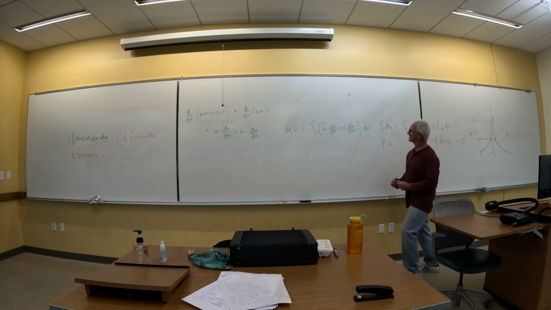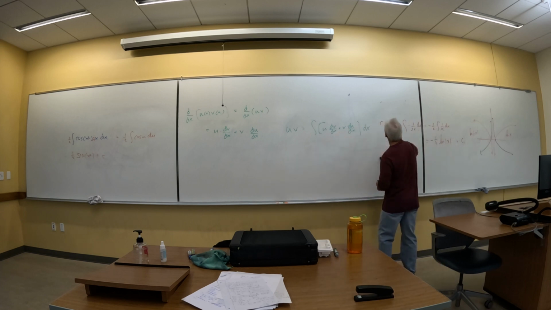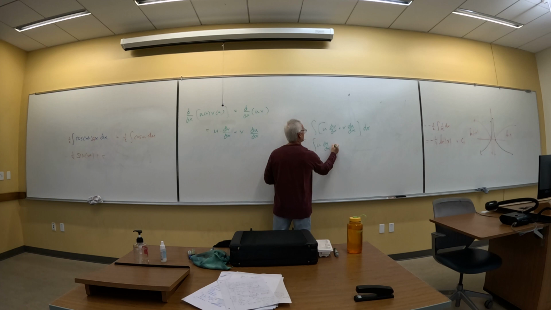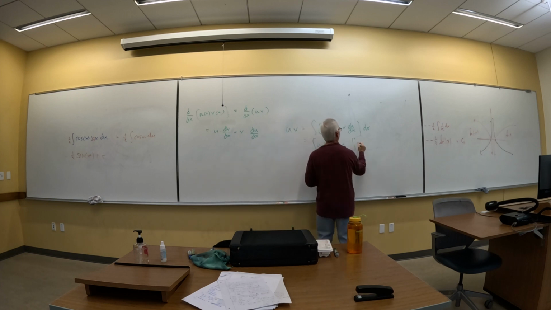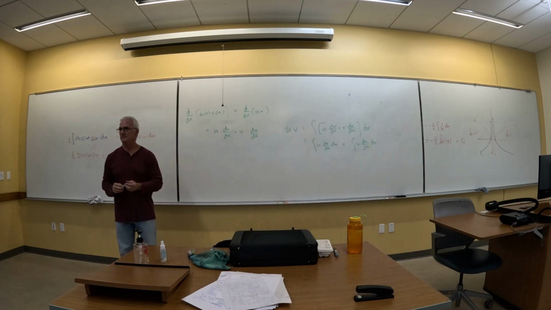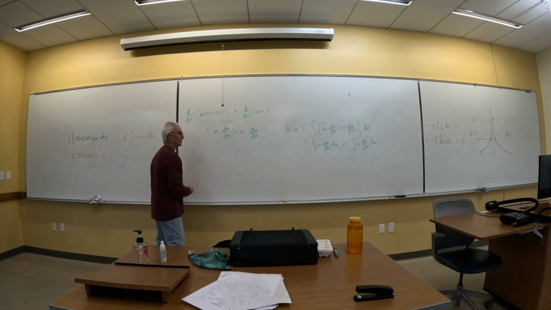Look at the notation. Well, first thing is, isn't the integral of a sum the sum of the integrals? Is this a true statement mathematically? I'm not trying to trick you. I have the integral of a sum as the sum of the integrals.